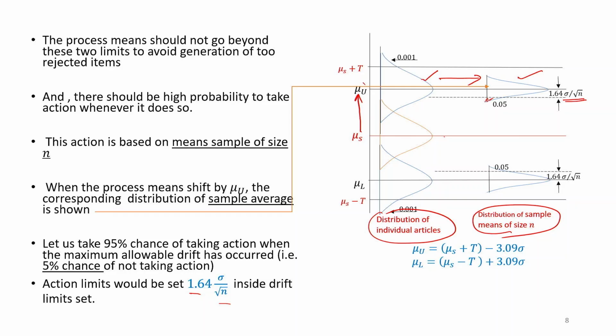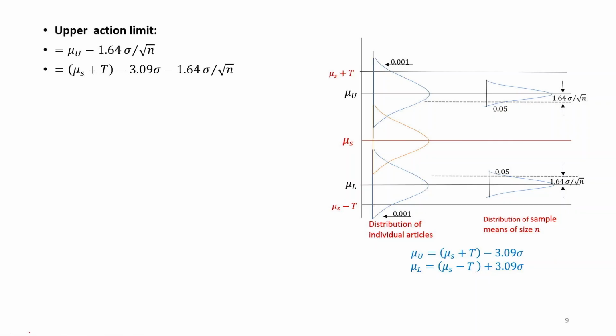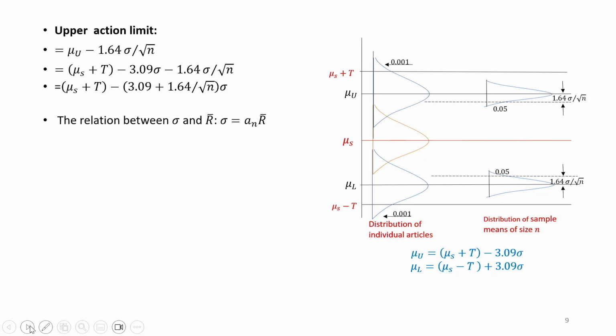In that case, the action limits will be set at 1.64 sigma by root n, and this 1.64 is coming because the standard normal variate for 5%, that is 0.05, this area, is going to be 1.64, which can be found from the standard normal distribution chart, which is there in most textbooks.